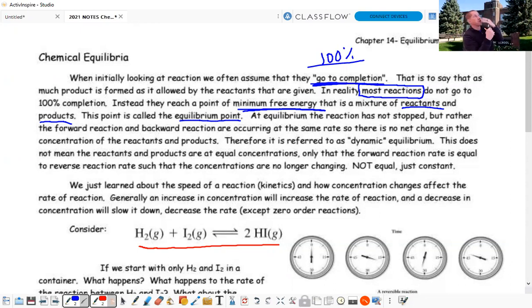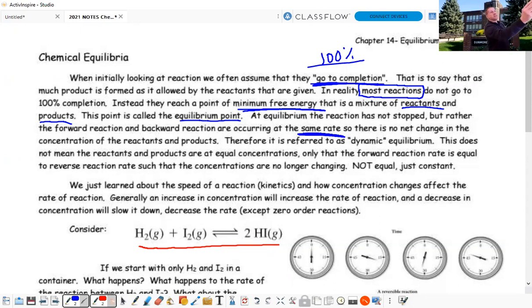It's just occurring in both directions. All right, so at equilibrium, the reaction has not stopped, but rather the forward reaction and the back reaction, or the reverse reaction, are occurring at the same rate. So there's no net change in the concentration of the reactants and the products.